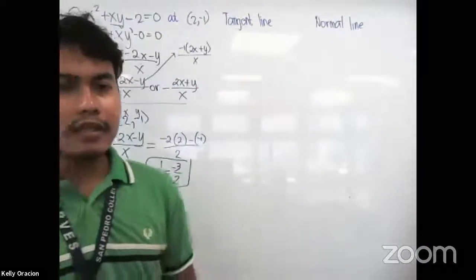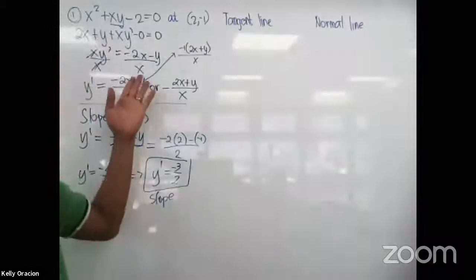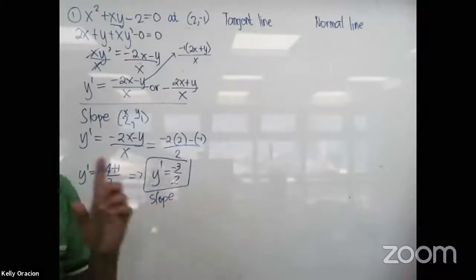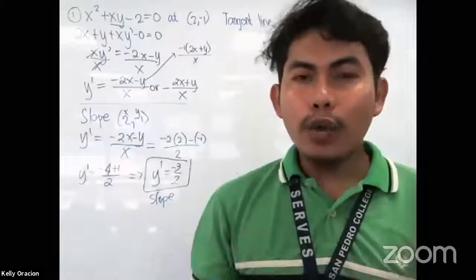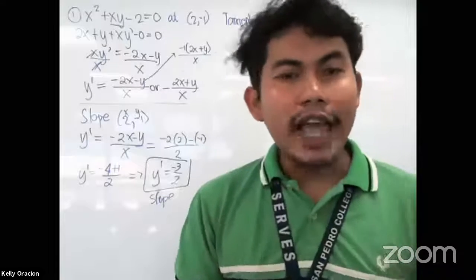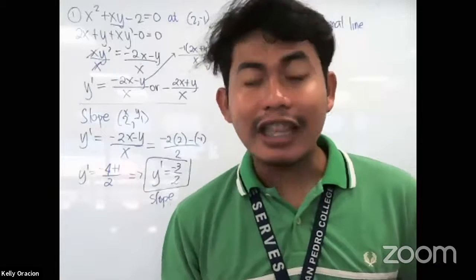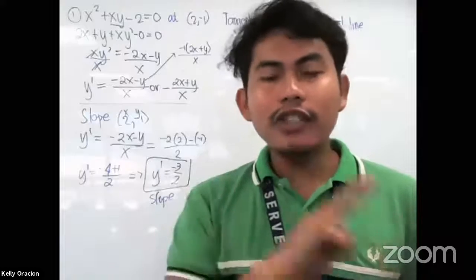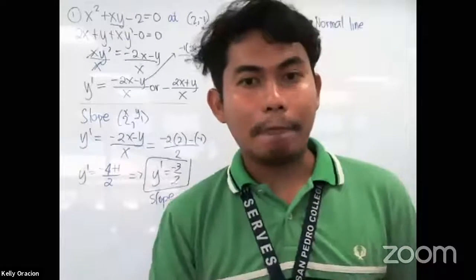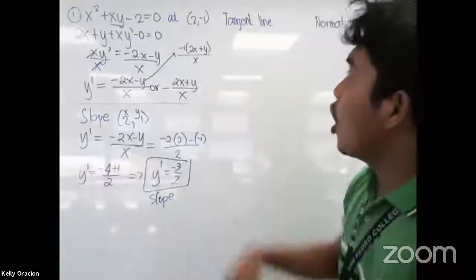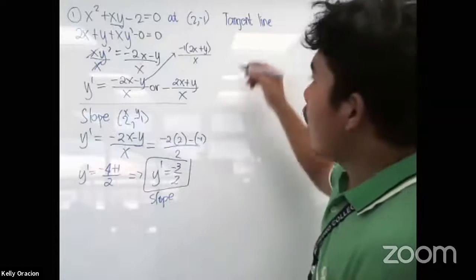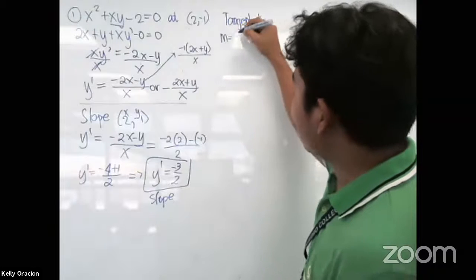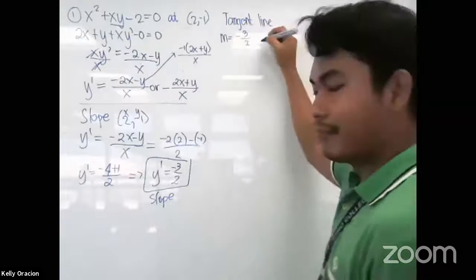Okay, so next, we already have our y prime and our slope. This time, we are going to find the equations of our tangent and normal line. Whatever slope you got here is the slope of your tangent line.